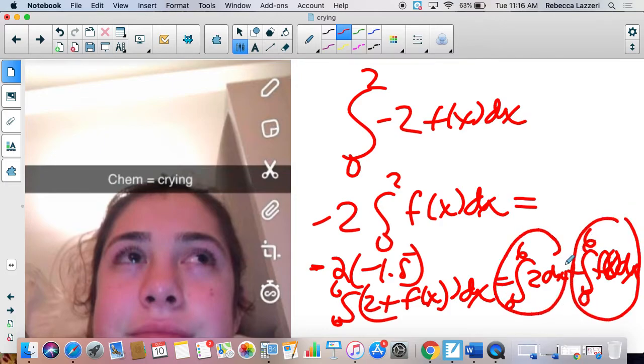This one would be 2x from 0 to 6. Okay? So this is real important. I don't want to see anybody miss that on the test. I want to make sure I make that really clear. Because some people don't find that real intuitive, just to break it up into two intervals.